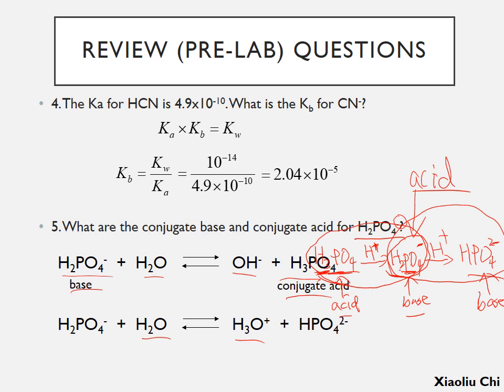Okay, now sometimes simplified it is written as you just donate a proton, but more accurately, it adds water, forms hydronium ion and gives you a hydrogen phosphate ion. Oh, sorry, this is hydrogen phosphate ion.